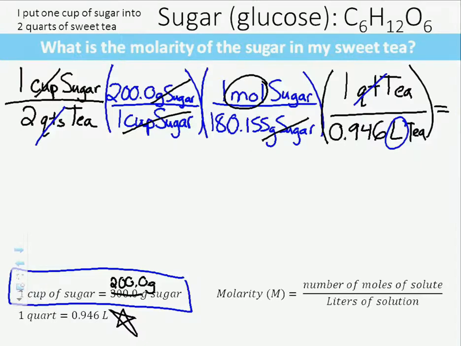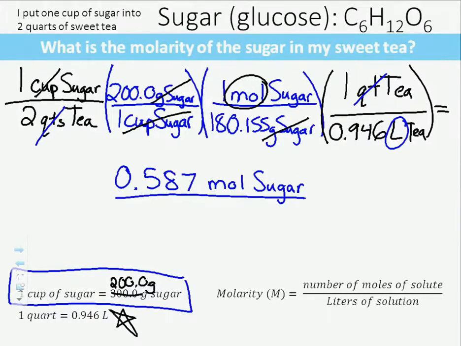And you get a total of, I was really ambiguous with my sig figs, so we're not going to worry about them for this problem, 0.587, and the units on that are moles of sugar per 1 liter of tea, which is the same thing as saying 0.587 molar sugar.